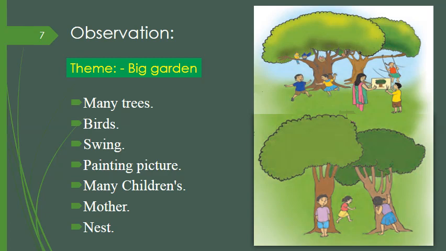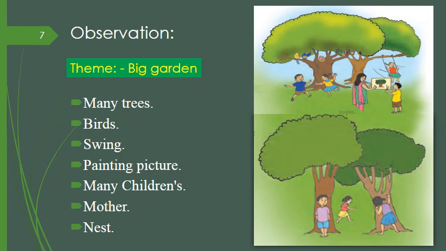Well, now we have noted down all observations and I am sure based on these observations we will be able to write a picture composition. Here I have written a picture composition for all of you. Just go through it once with me, and I am sure you will be able to write your own picture composition.